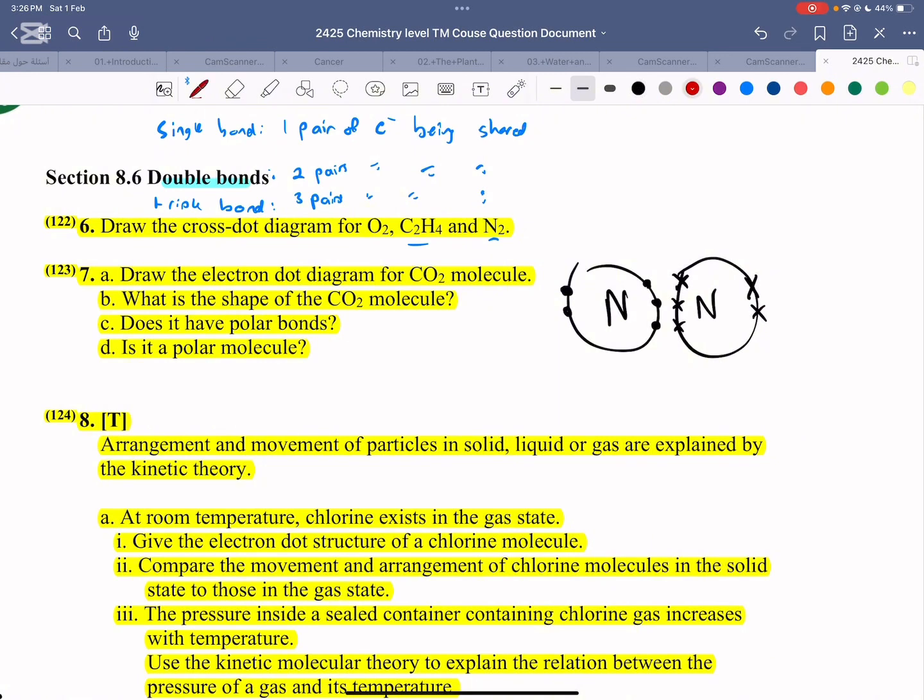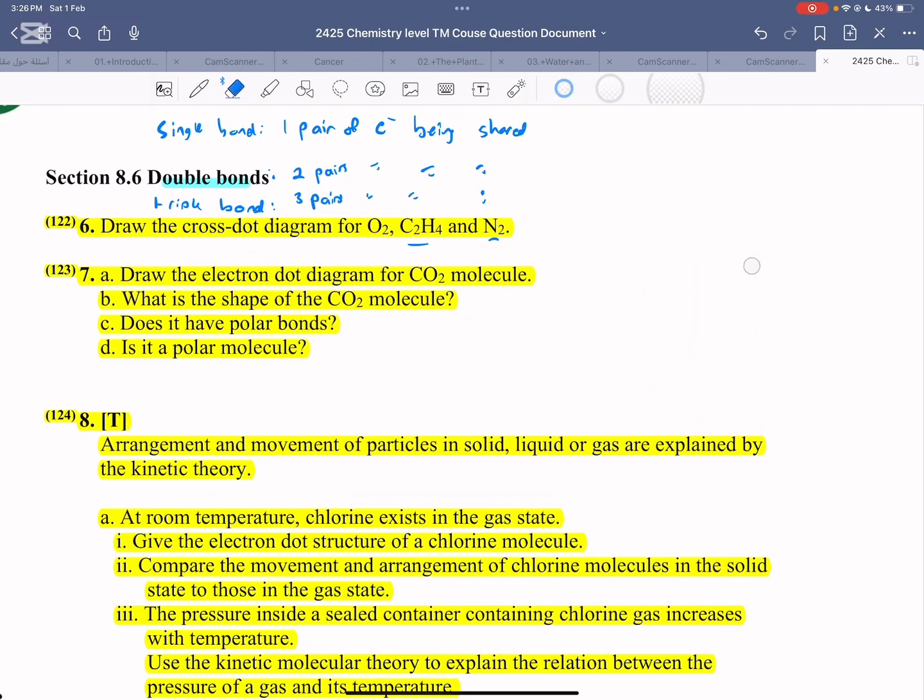So you guys can see we have 3 pairs of electrons being shared. This is 1 bond, another bond, and a third bond. So nitrogen, this is how we draw it. It has a triple bond. Try to do oxygen by yourself just as extra practice.